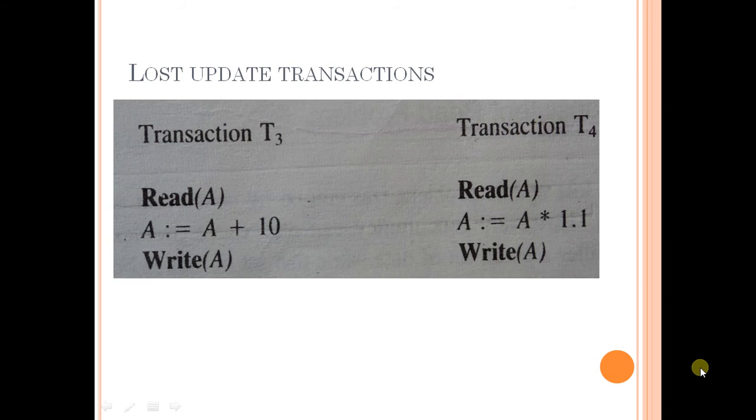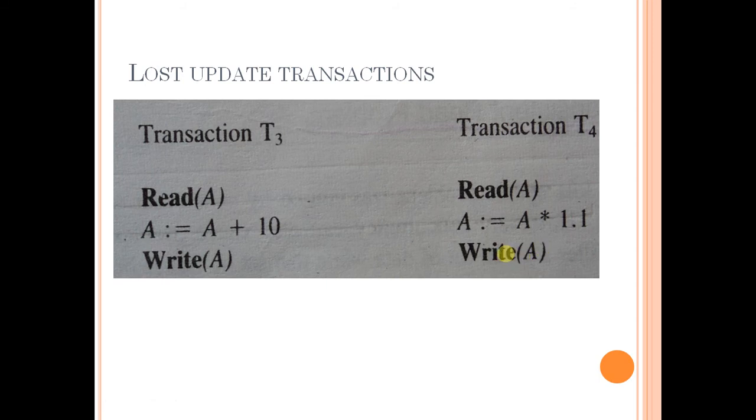For this, we will consider these two transactions, T3 and T4. See, what does it do? It transfers 10 rupees into A. And what does the other do? It increases A by 10%. Now, see what happens when they execute. If they are executing one after another, no problem.